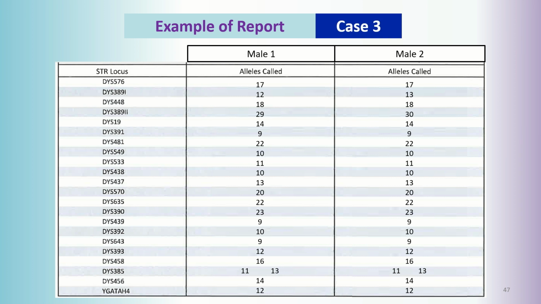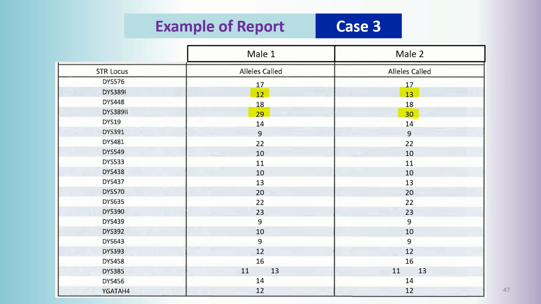We move to the last case example. In case number 3, here is a paternity test to know the relationship between two males. We have male 1 and male 2. 23 loci or 23 STR sites were tested, and we can see here most of the STR repeat numbers are the same.